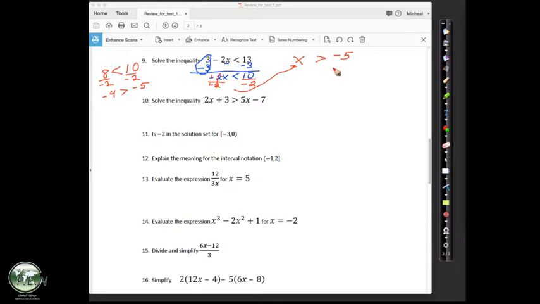Where did you come up with the 8? I made that up. That was just an example of two numbers that I know. I know 8 is smaller than 10. I could have used 6, and they both can divide evenly by 2. So I just used it as an example to show us what happens when we divide by a negative number. We could see that the symbol has to flip the direction.